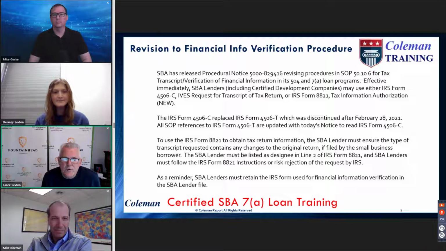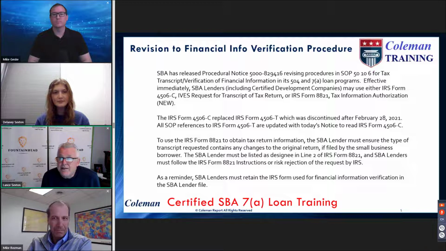Now, the IRS Form 8821 is not dramatically different than the 4506T or the 4506C. You just want to make sure that you put your banking information as a designee in line number 2, and just read the instructions on the first couple that you complete.